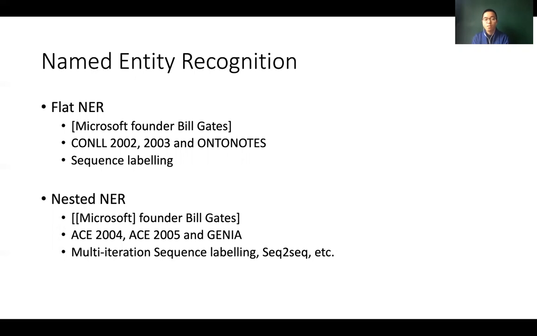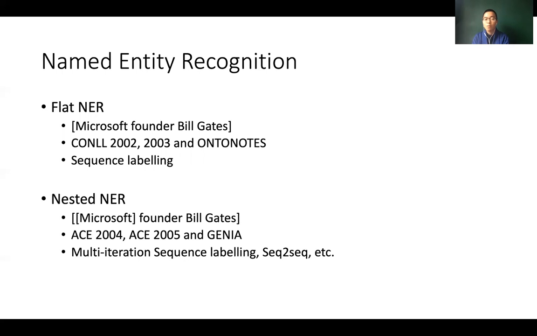Take a look at this example, Microsoft founder Bill Gates. In a flat NER setting, we will only have one named entity here, which is Microsoft founder Bill Gates. The CoNLL shared tasks 2002 and 2003, and OntoNotes were all annotated in this way.